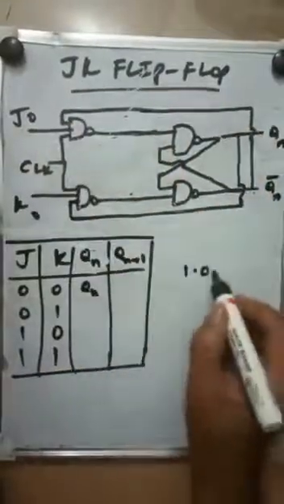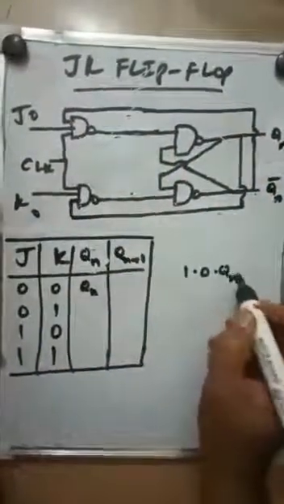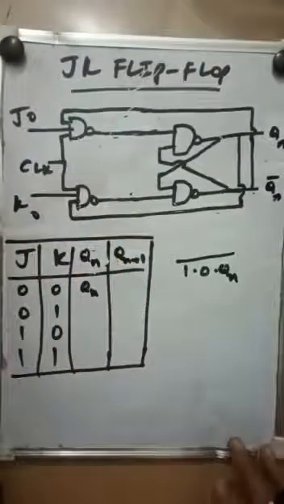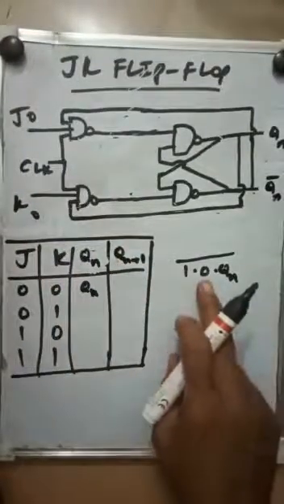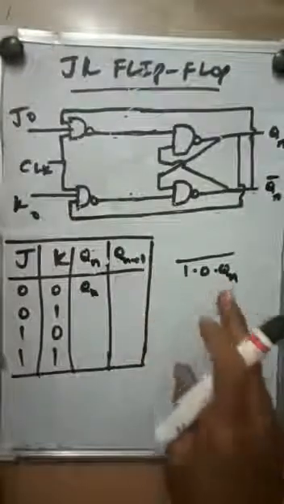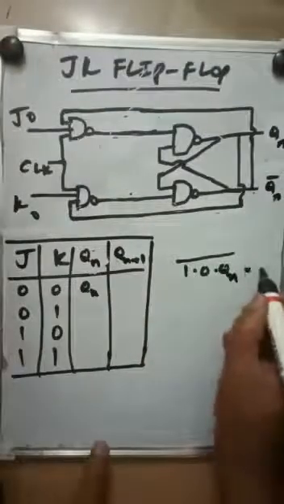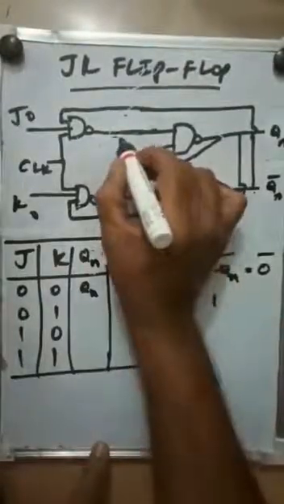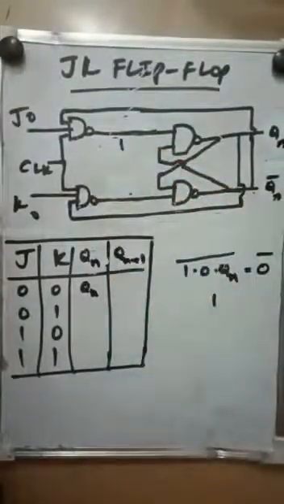Since 0 multiplied by anything is 0, the whole thing is 0 bar, which makes the output 1.